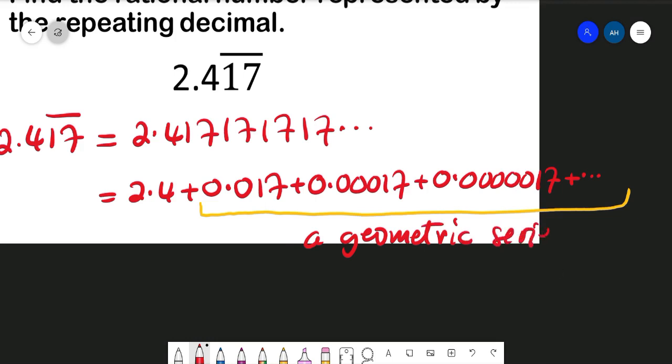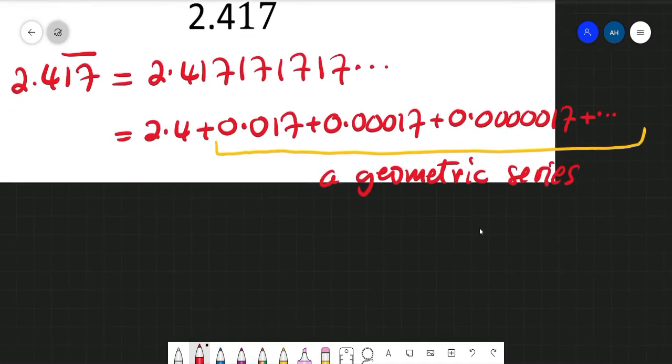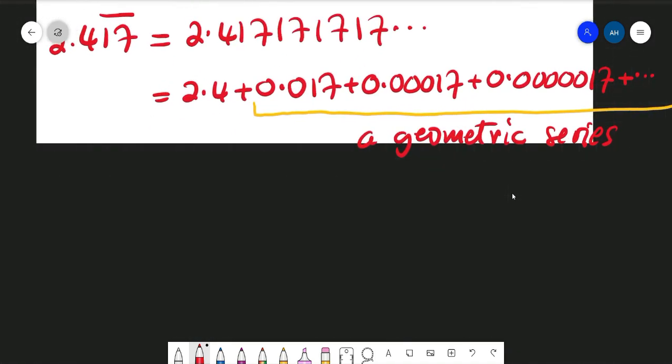As we mentioned in the previous video, a geometric series has to have a first term and a common ratio. Now let's write down that geometric series, take it out, find the sum of it, and then we will come back to the original problem.